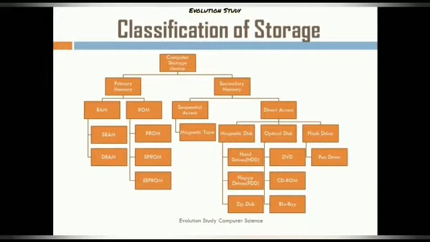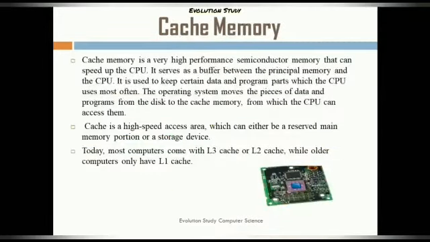Now let us talk about the cache memory first. Cache memory is a very high performance semiconductor memory that can speed up the CPU. It serves as a buffer between the main memory and the CPU. It is used to keep certain data and program parts which the CPU uses most often.